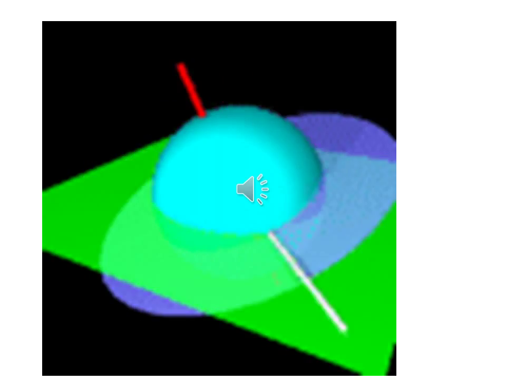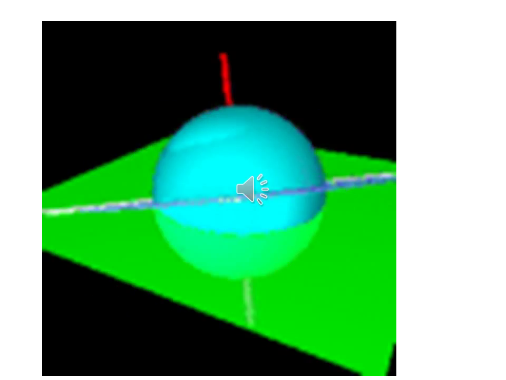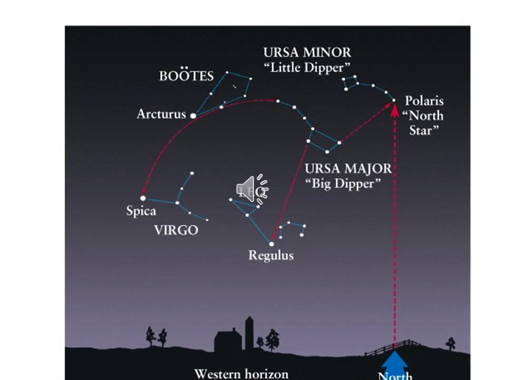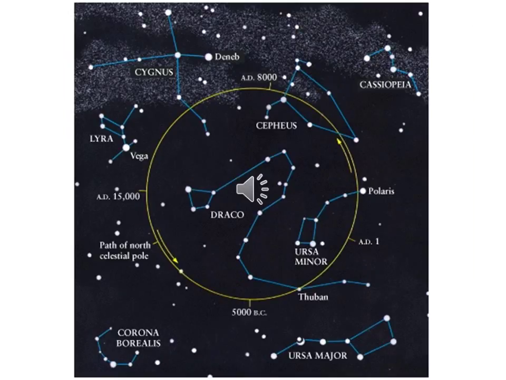In this slide you can see the precession itself without the effect that's due to the sun. In this slide I remind you of where Polaris is. And in this slide you see the effect of the precession of Earth's axis of rotation.